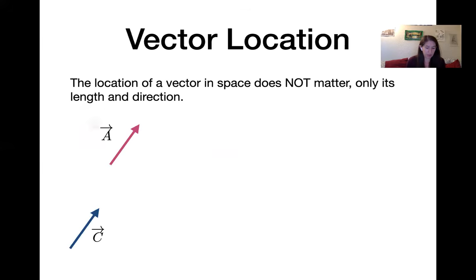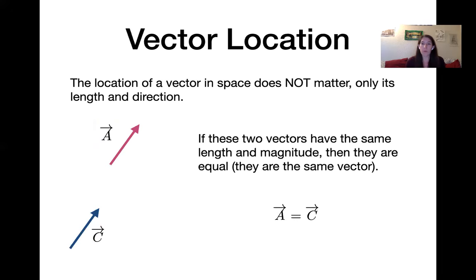So vector A and vector C are pointing in the same direction and have the same length. And so therefore, we would say these two vectors are equal, right? A is equal to C, even though they're in different locations, because a vector is simply defined by its length and its direction. All right, so that's the basics of how you can draw a vector.